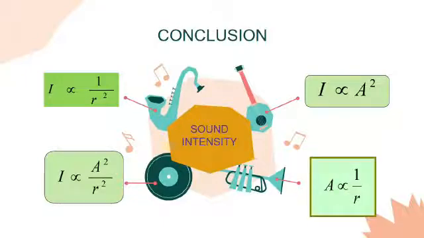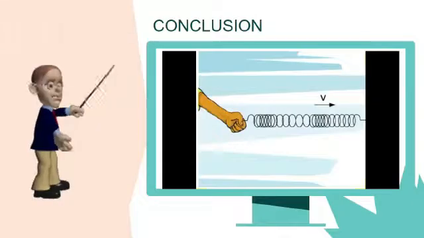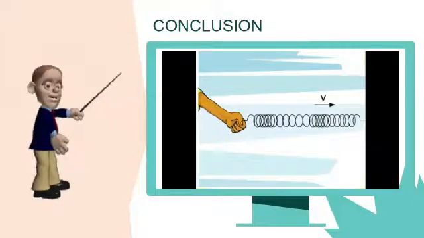So, amplitude is inversely proportional to r. For the last time, Mr. Zack will conclude our lesson today. Please listen to this video.